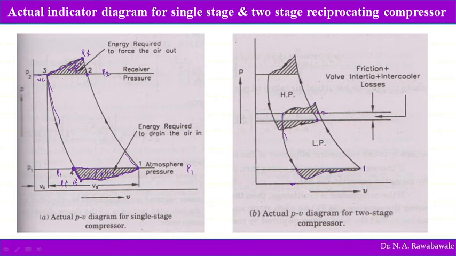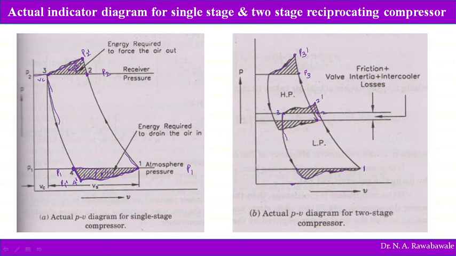As the air in the LP cylinder is at higher pressure, its pressure has to be increased beyond the minimum HP cylinder pressure, and only then does this air enter the HP cylinder and compression start in the HP cylinder, up to the required pressure P3. The pressure has to be increased beyond P3 up to P3 dash, and only then is it possible to discharge air into the reservoir.